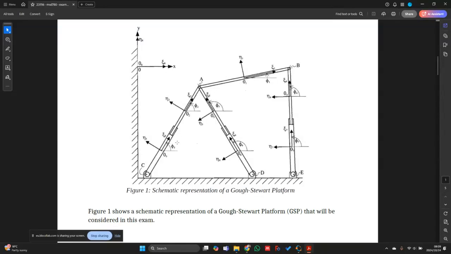So we have in total 7 bodies: 2 bodies per actuator, 3 actuators, and then this moving platform body 1 as well. Since we break each actuator up into 2 bodies, there has to be a connection between these 2 bodies.